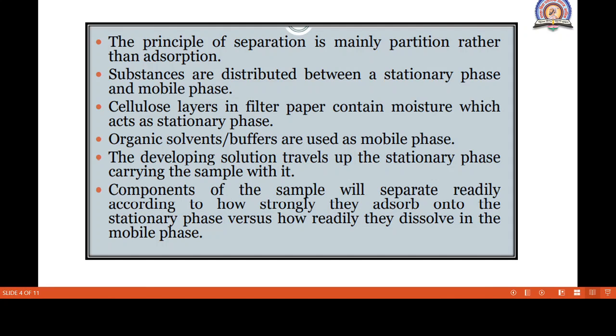But if the components are easily dissolved in the mobile phase, then the separation is very fast or the movement is very long. Okay, so in this way the point is explained here.